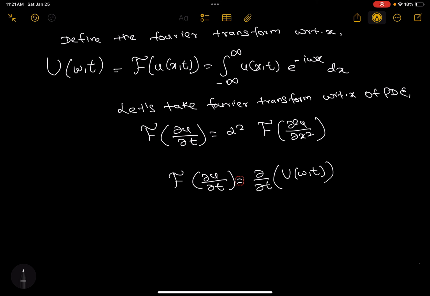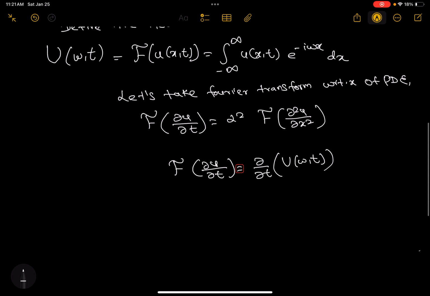Basically, you just take the Fourier transform of small u, that becomes capital U, and now it becomes a function of omega and t. And for the Fourier transform with respect to x of the derivative, you can actually prove this from the main definition, right?